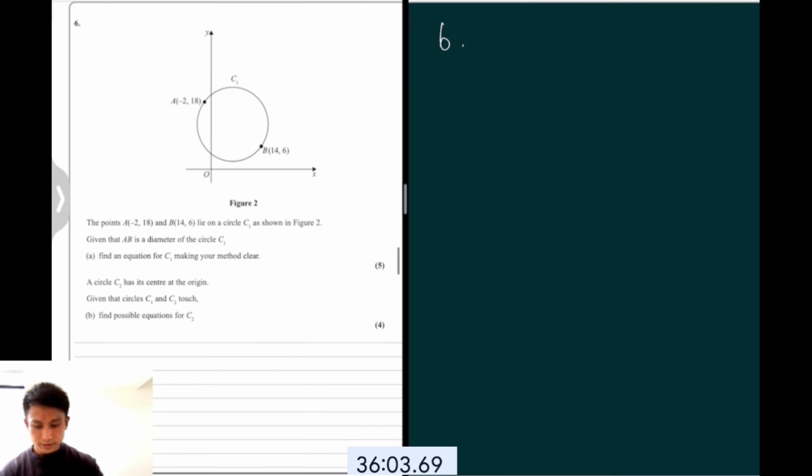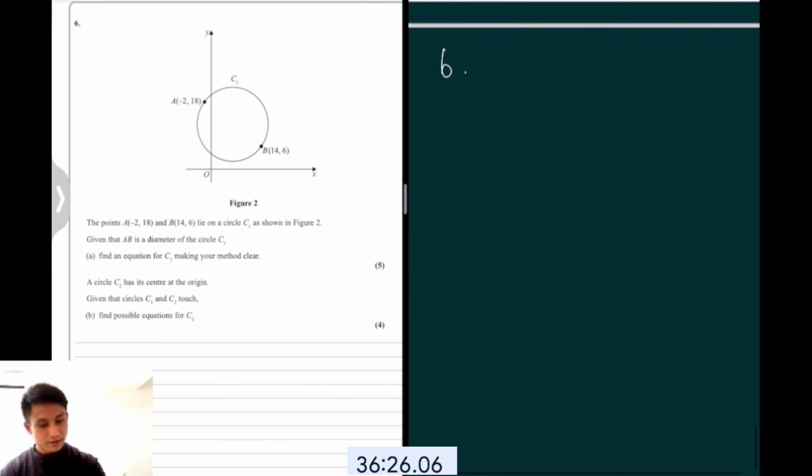Number 6, circle equation. The points A and B lie on the circle C1 as shown. Given that AB is the diameter of circle C1, find the equation. Well, easy peasy. We just find the midpoint, which will become the center, and half the distance between A and B would be the radius.